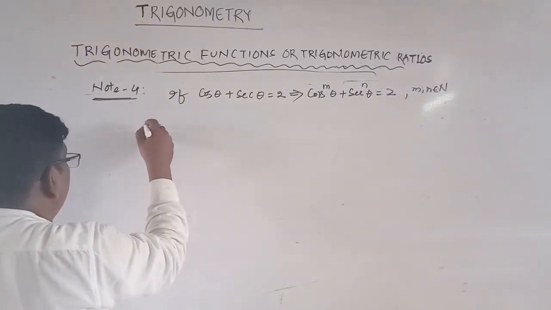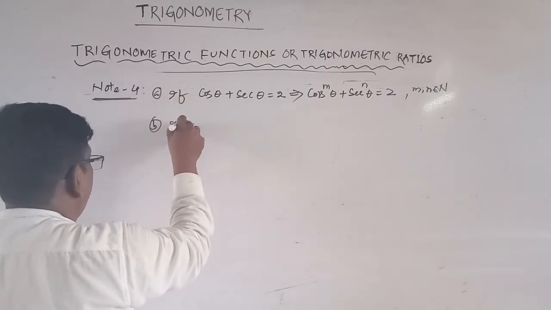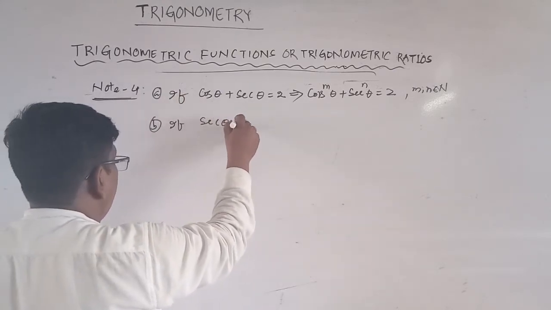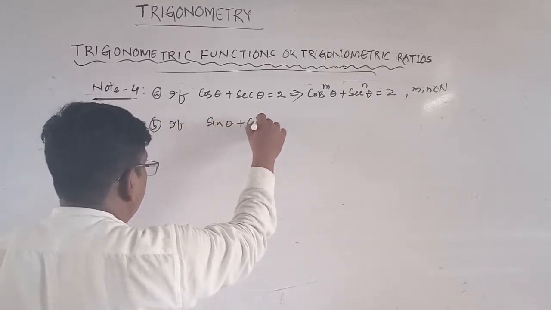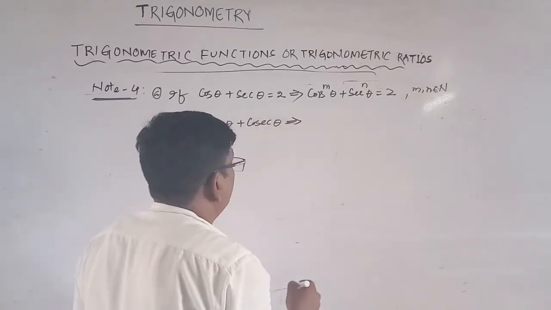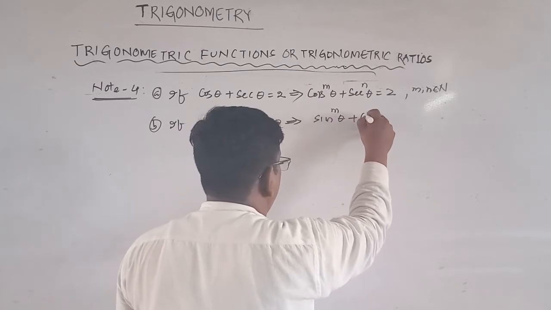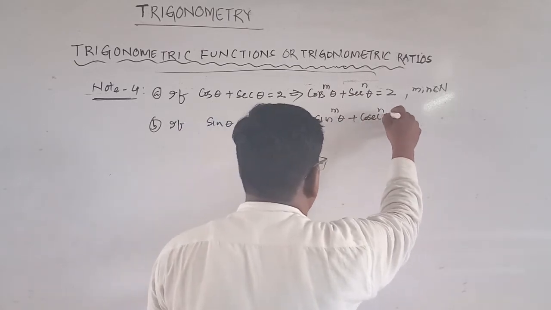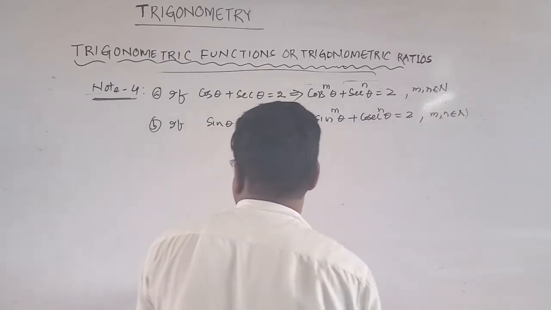Similarly, if sin theta plus cosec theta is equal to 2, it implies sin m theta plus cosec n theta is also 2, where m, n belong to N.